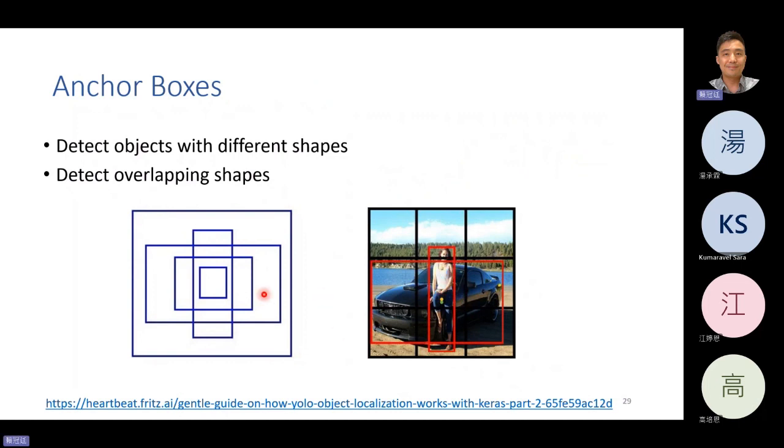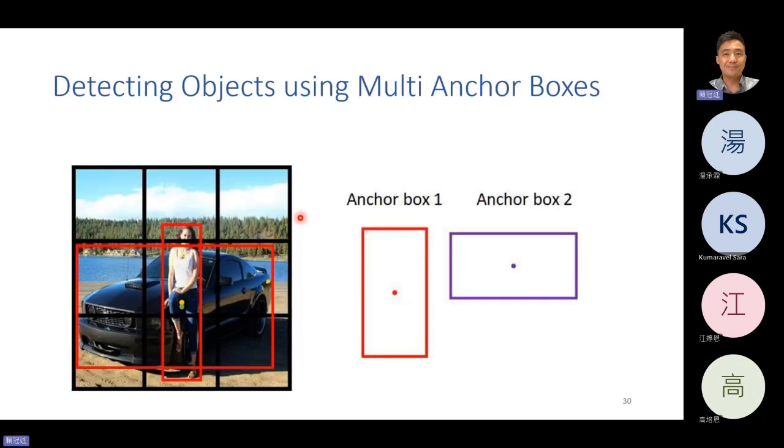The idea is to have multiple boxes in one grid. The size of the boxes was defined by learning unsupervised from the training data set.